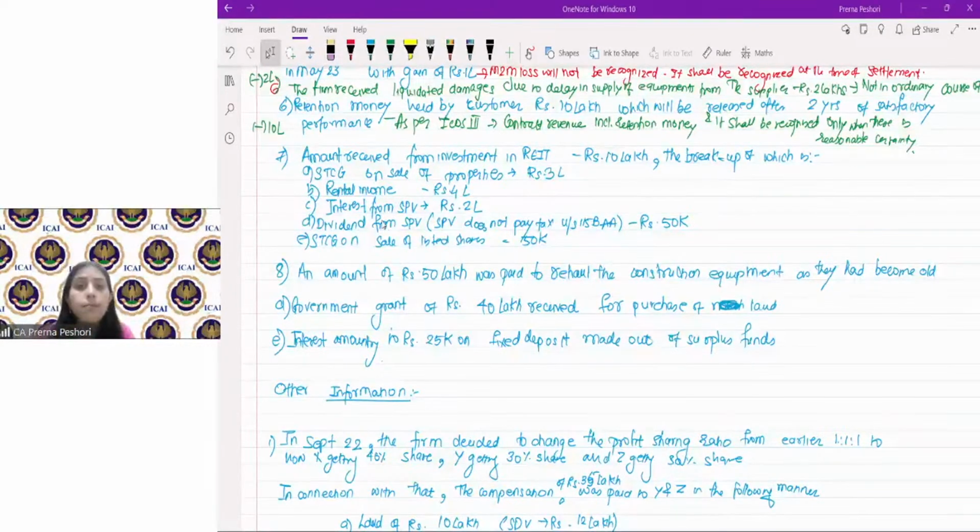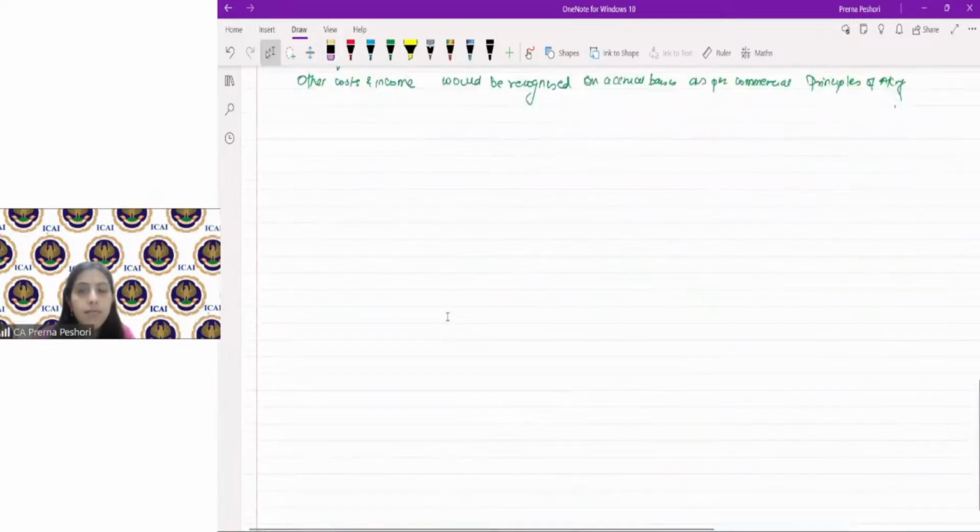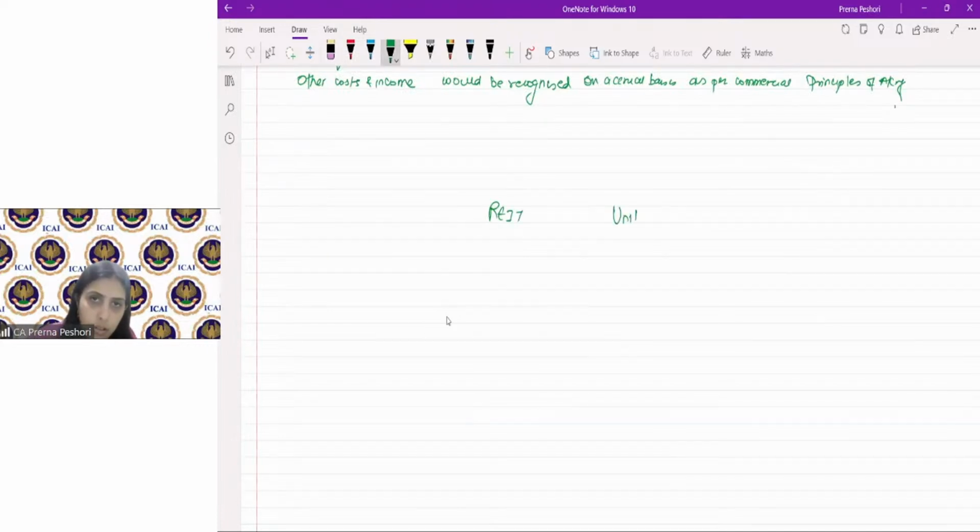So you can write down. So this is the REIT and this is unit holder. Right?